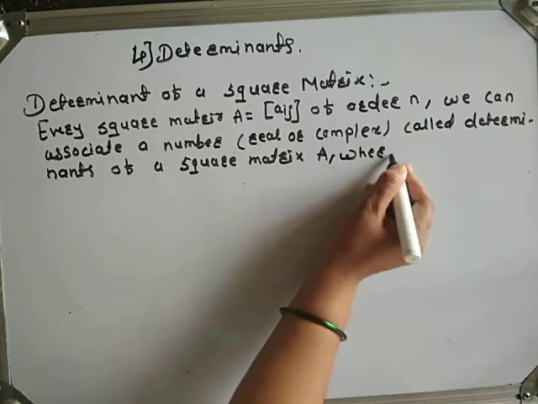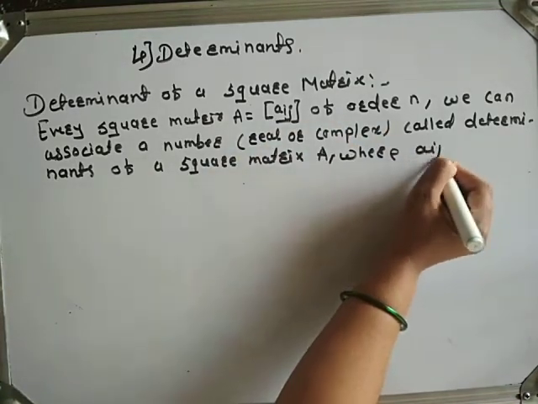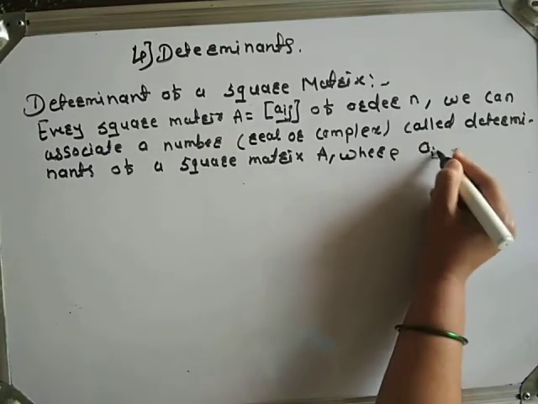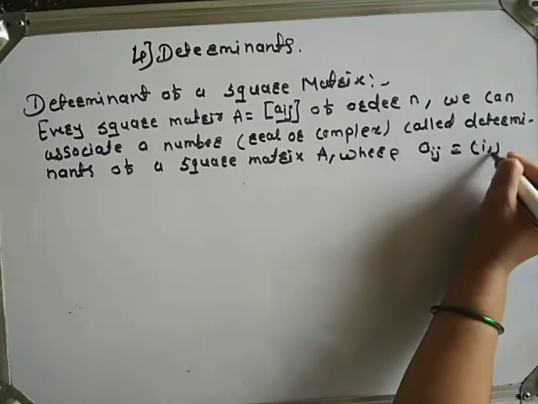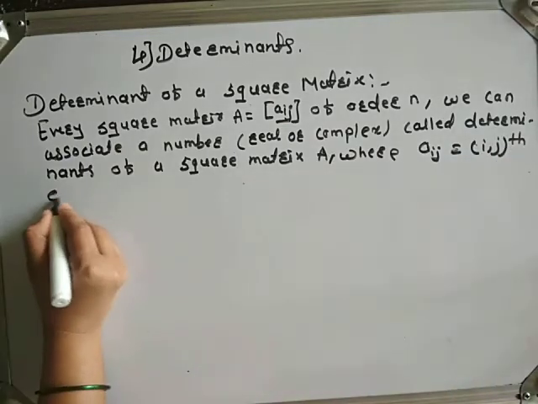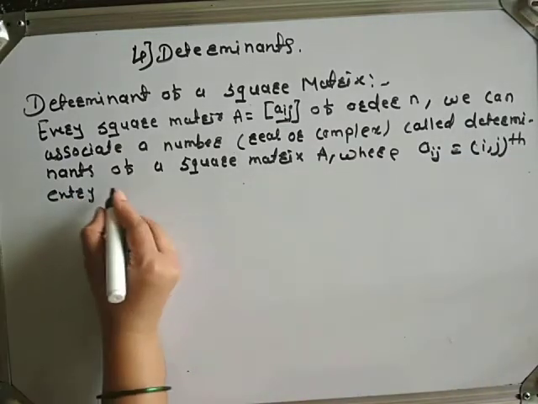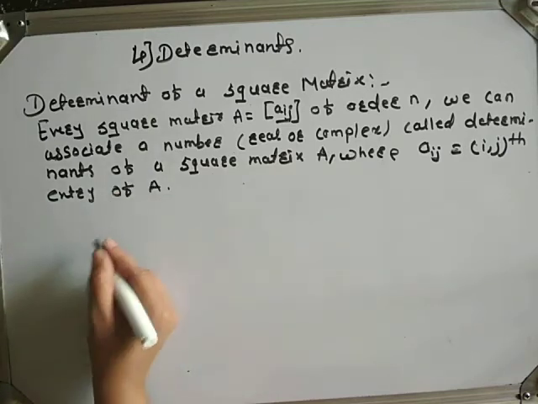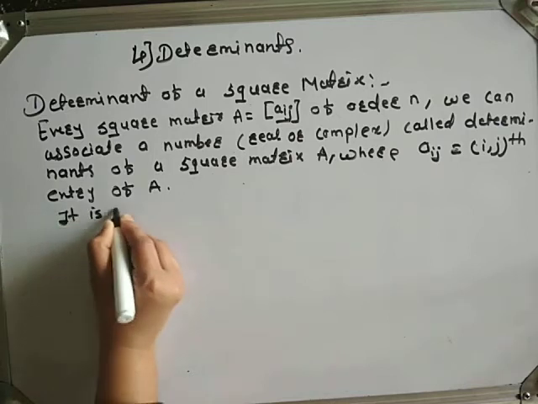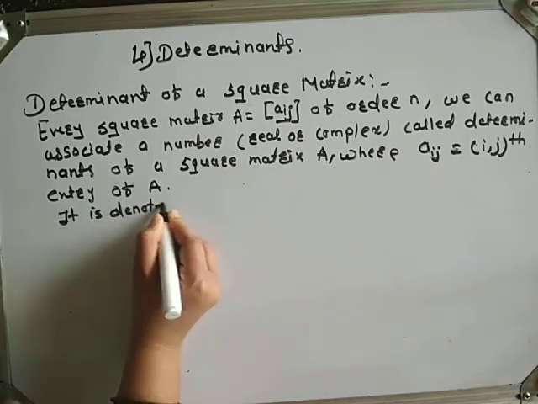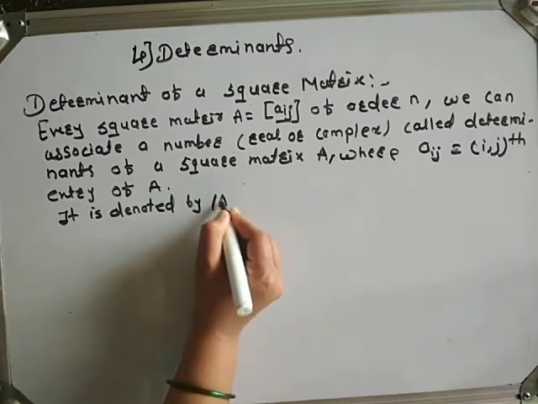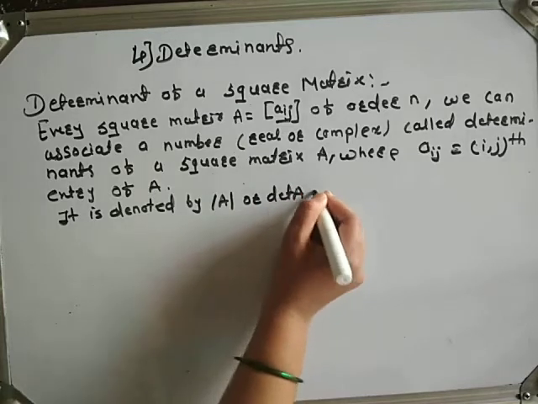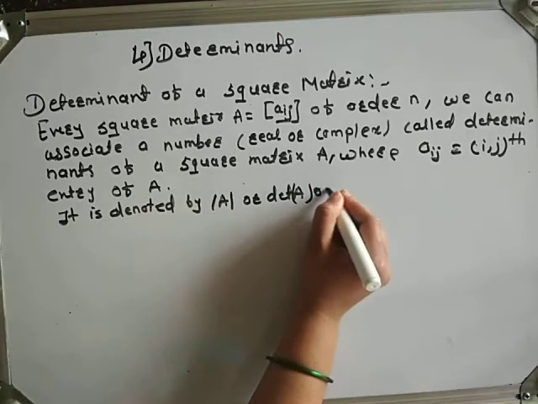Where Aij is the i, jth entry or element of matrix A. It is denoted by determinant of A, or delta.